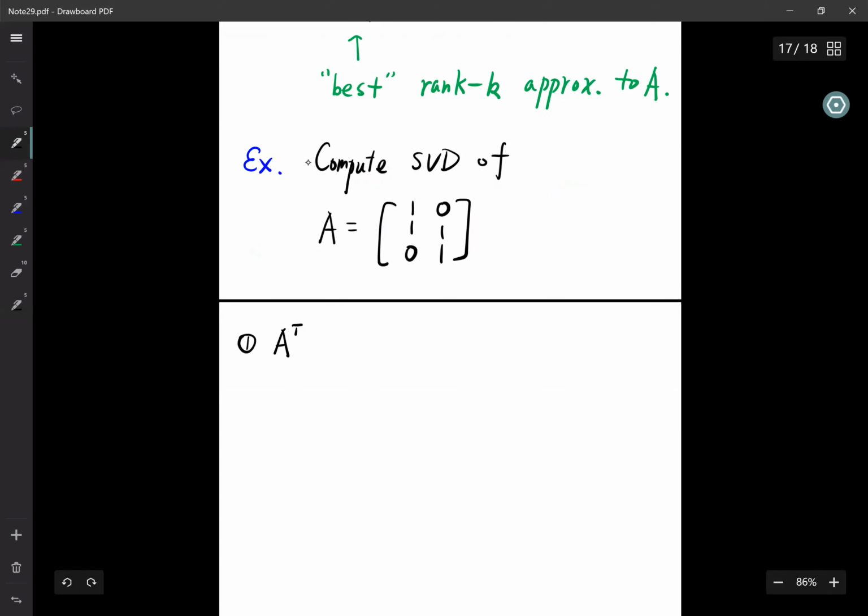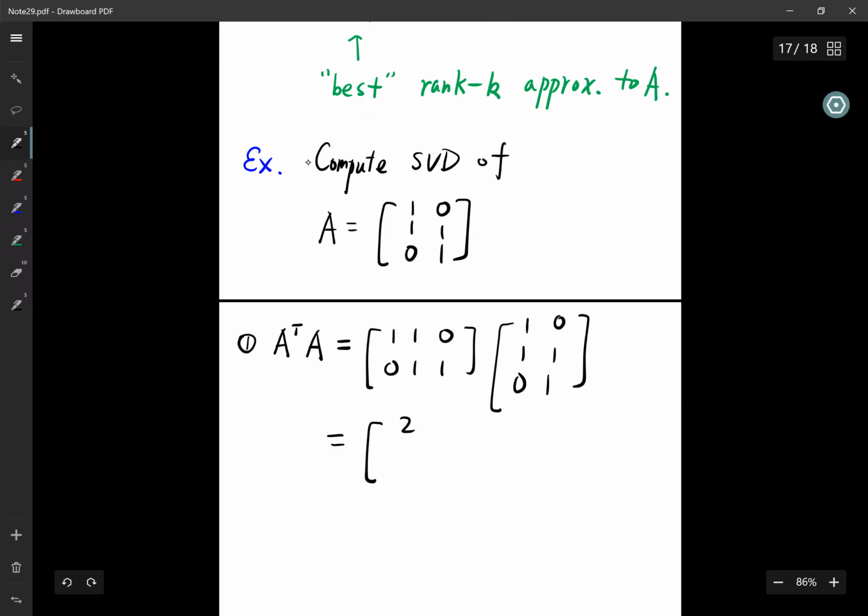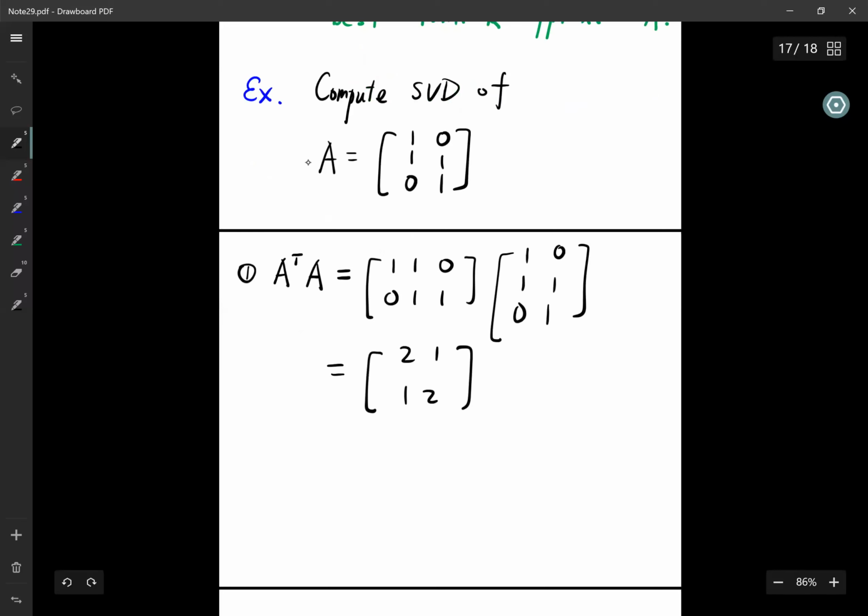The procedure is very mechanical. First, you compute A transpose A. So this is 2, 1, 1, 2. This is, of course, a real symmetric matrix.